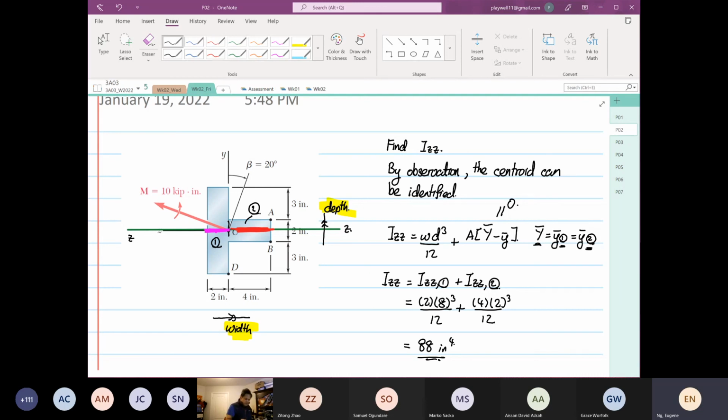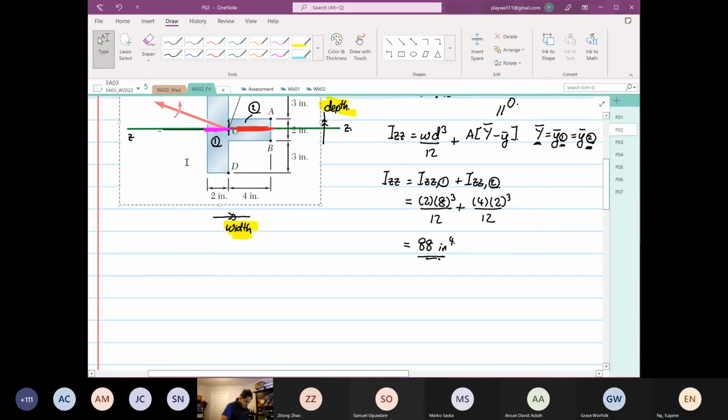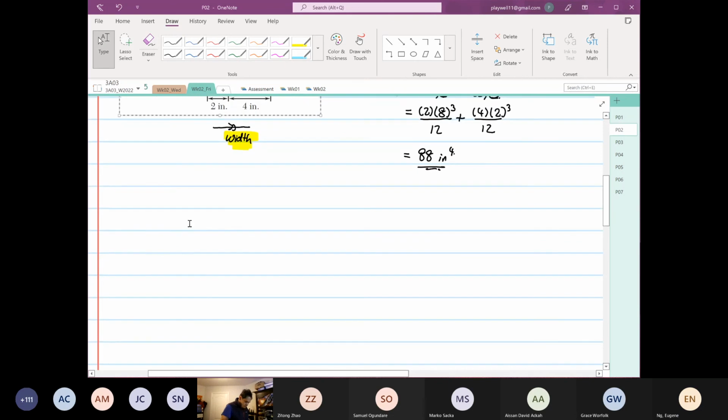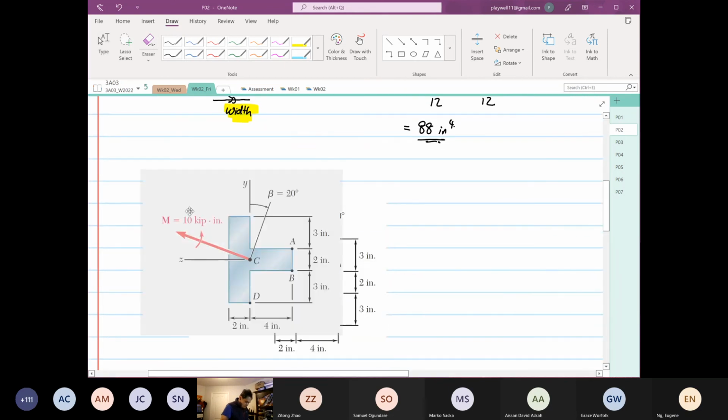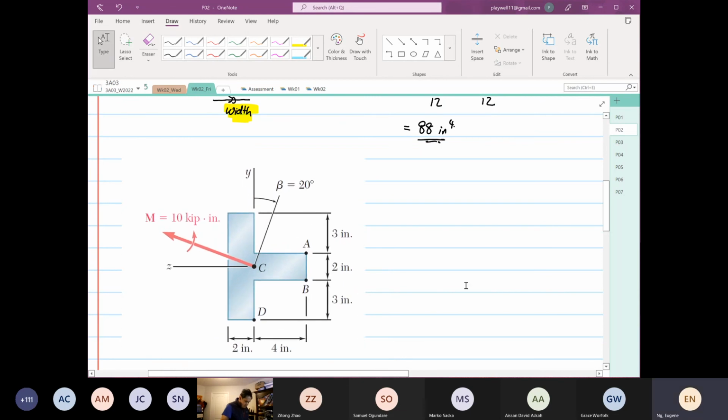Okay, so now we know our IYY and our IZZ. Next we have to break down which are the tensile and which are the compression based on the moment vector. I'm going to make the diagram bigger now.